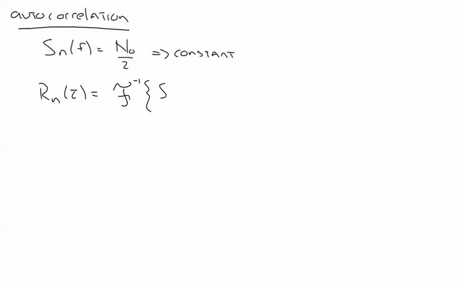The noise power spectral density is a constant. The autocorrelation is just the inverse Fourier transform of my power spectral density.